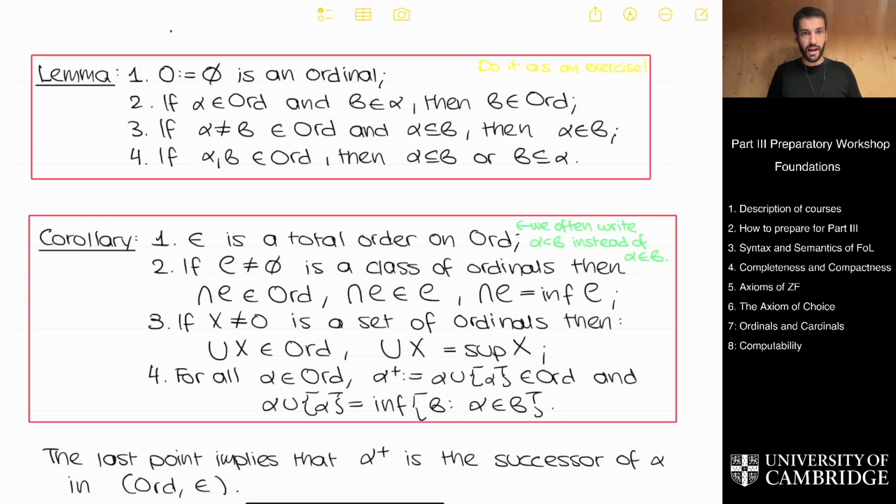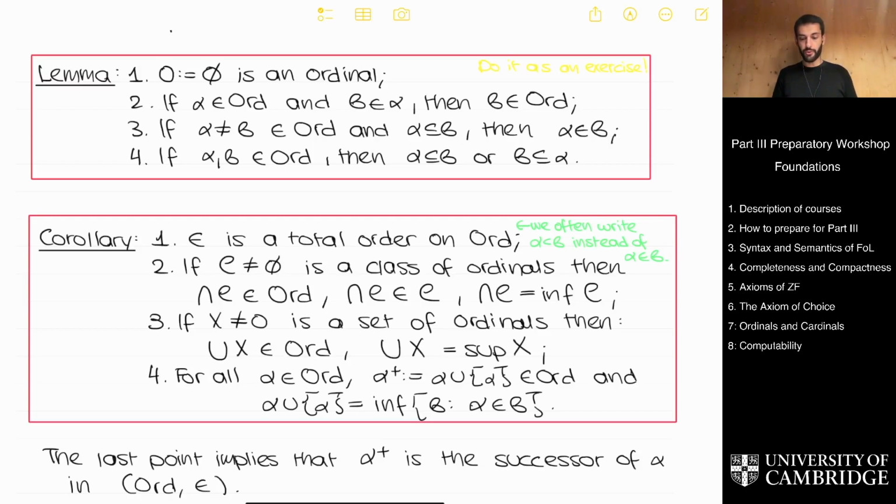The third point is that if you take two non-equal ordinals, alpha and beta, and you know that alpha is a subset of beta, then it follows that alpha is a member of beta. Finally, the fourth point is that if alpha and beta are two ordinals, then either alpha is a subset of beta or beta is a subset of alpha.